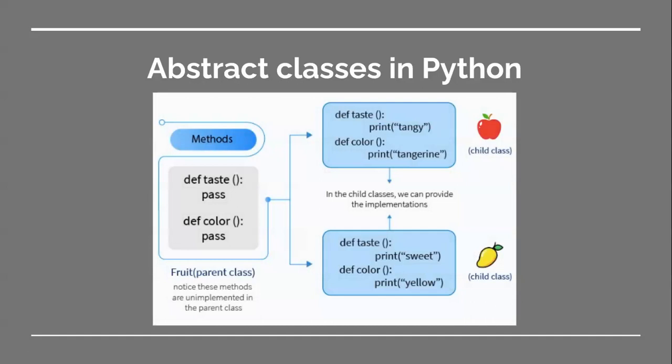Here the Fruit class is the parent abstract class and the classes Mango and Apple become the child classes. We won't be able to access the methods of the Fruit class by simply creating an object. We will have to create the objects of the derived classes, Mango and Apple, to access the methods.